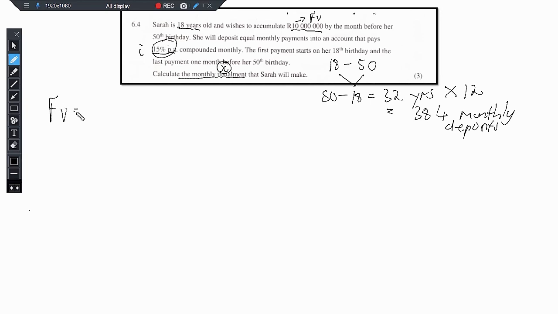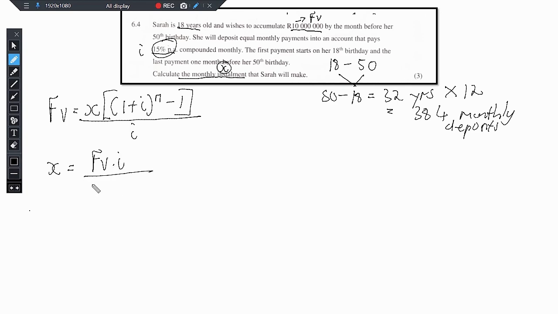So again, we start with the original formula, future value. It is very important that you always start with the original formula. Then from then on, you can manipulate. So our manipulated formula is now future value multiplied by the interest, and then we have all of this down here. The benefit of using this formula is that you don't get to round off any values, and that allows for precise answers.